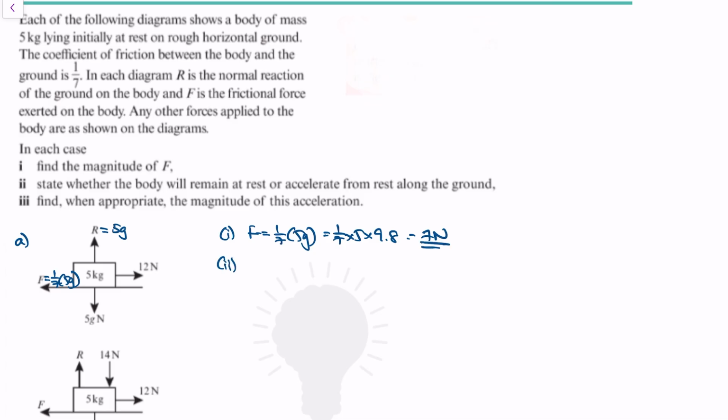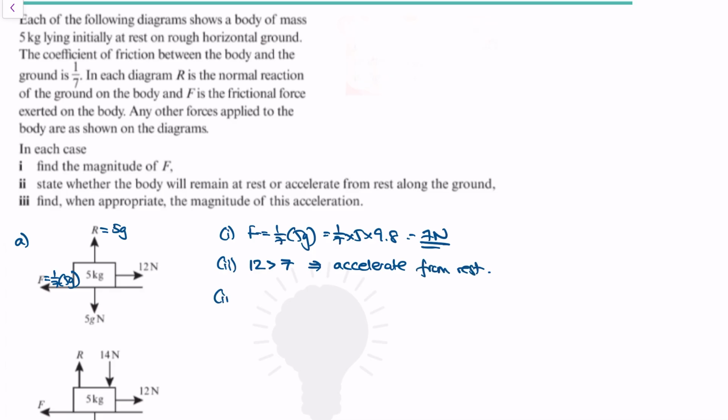Part 2. State whether the body will remain at rest or accelerate from rest along the ground. So because 12 is greater than 7, it implies, because the forward horizontal force is greater than the resistance force, it will accelerate from rest.